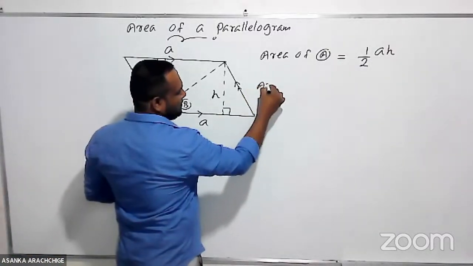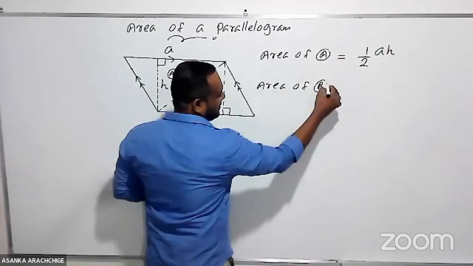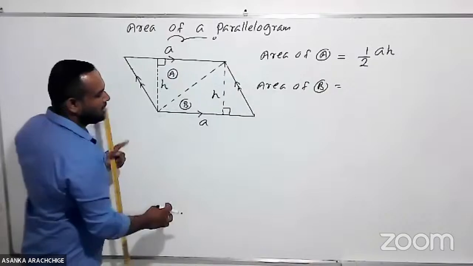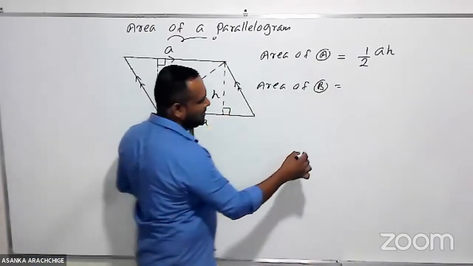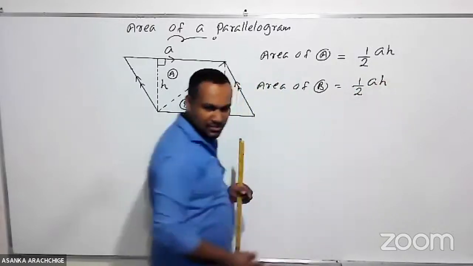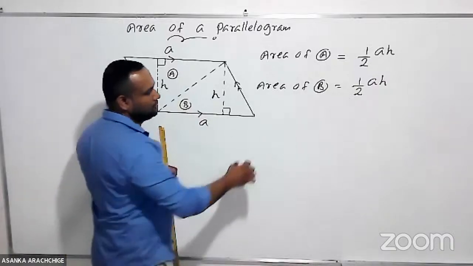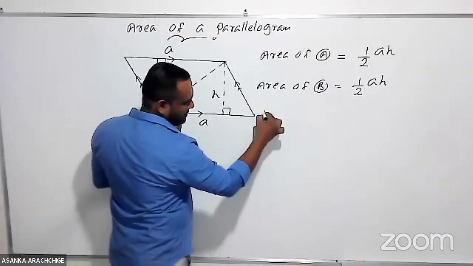Area of B. That is also half into base into perpendicular height. Half AH.